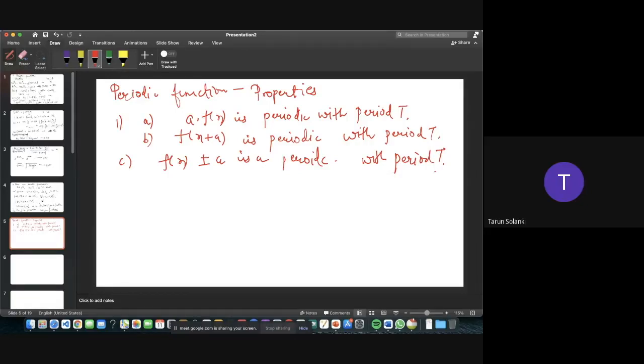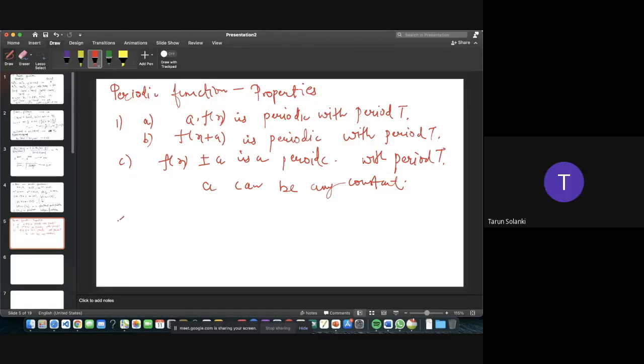So here, a can be any constant. Now, if we know the sine x has period 2 pi, then f(x) equals 5 sine x plus 7 is also periodic with the period 2 pi, right? So if a constant is added, subtracted, multiplied, or divided in the periodic function, the period remains the same.